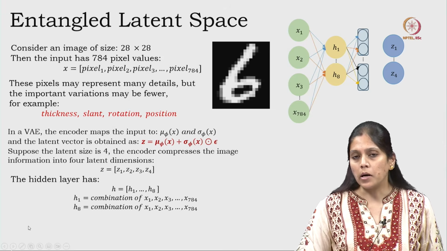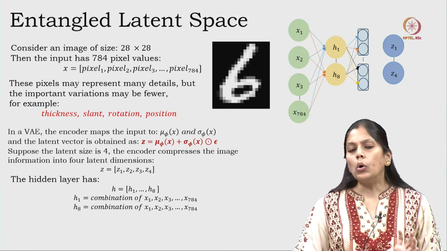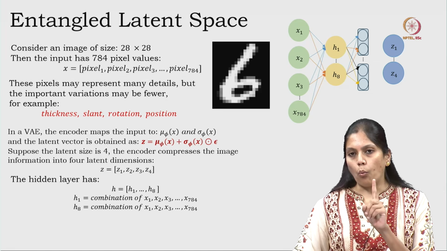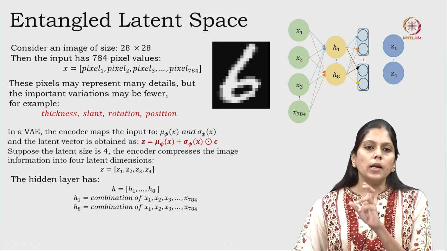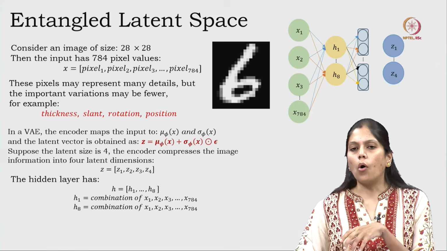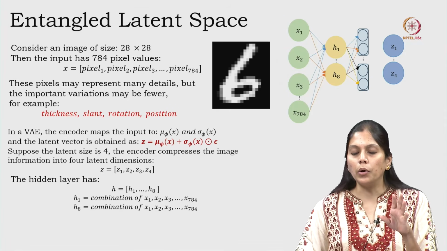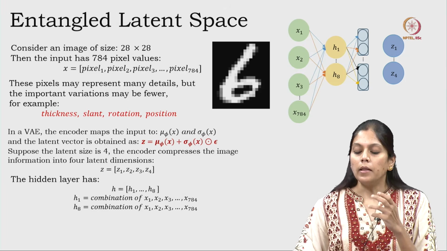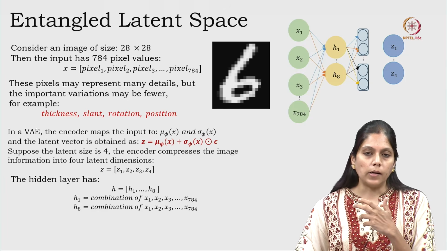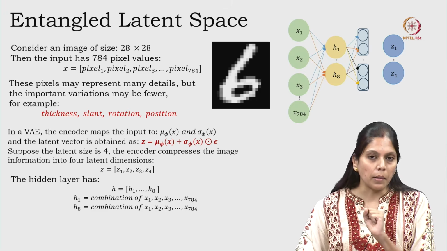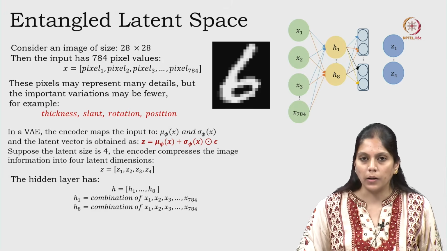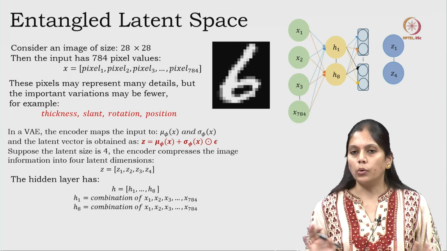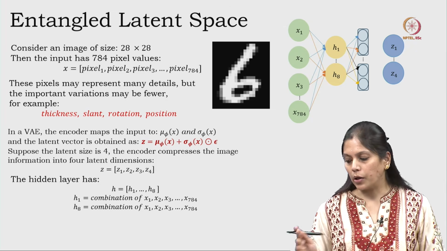Yes. Or latent variable? Yes. Now if I take Z1, the latent representation Z1 is the combination of all of the important variations. Then Z4, up to Z4, is a latent representation which is the combination of all of those inputs. I hope you have understood this particular concept.